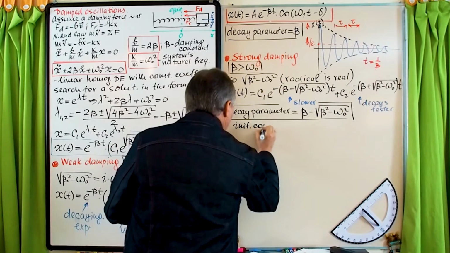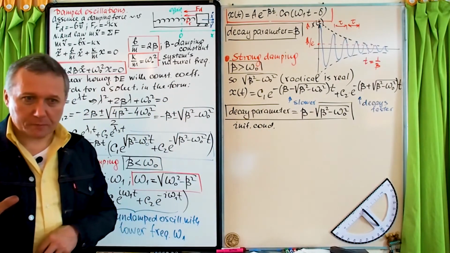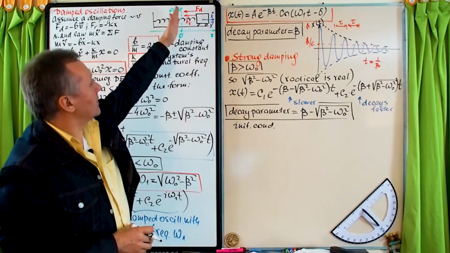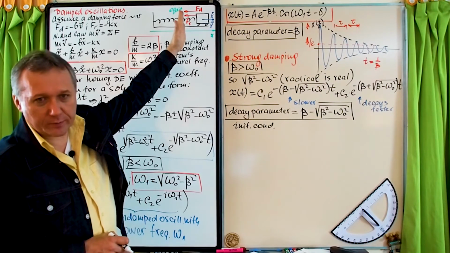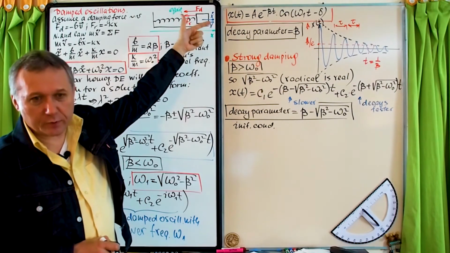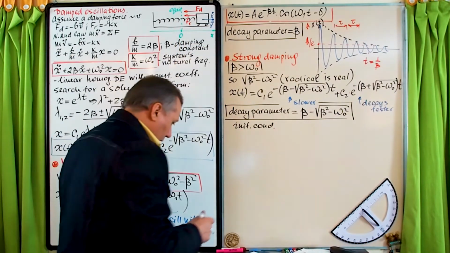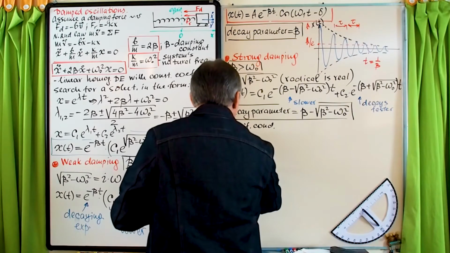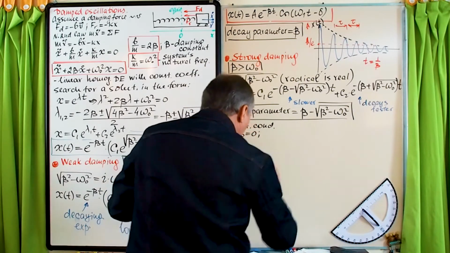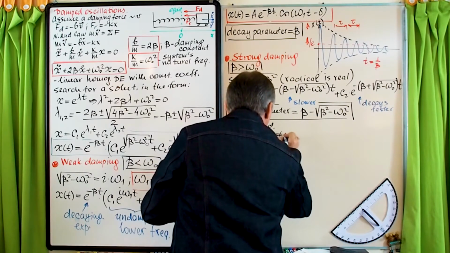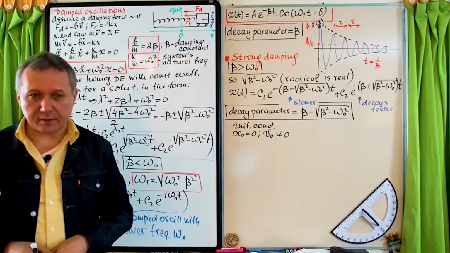Let's assume that the system is at the equilibrium, so the initial position x naught equals 0, and then we kick it. So the initial velocity v naught is not 0. So basically, we push the system out of the equilibrium at the initial moment of time.